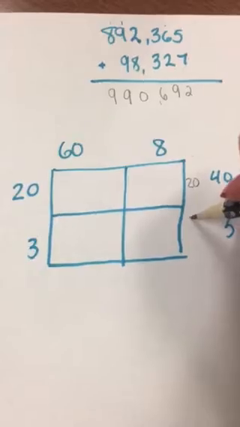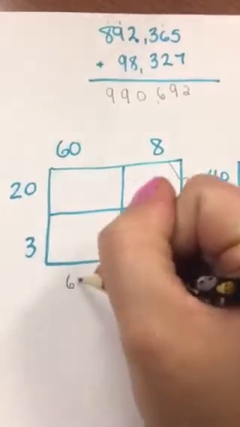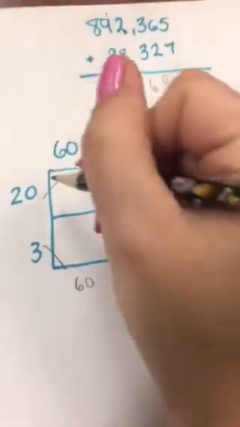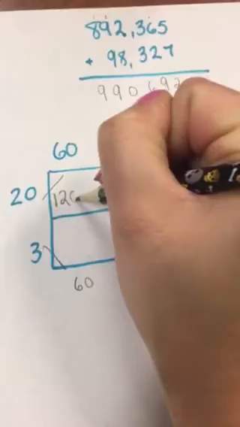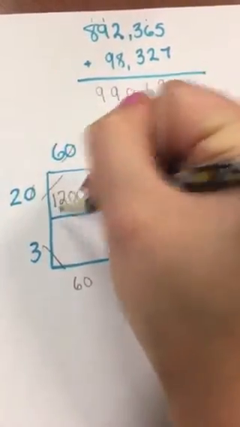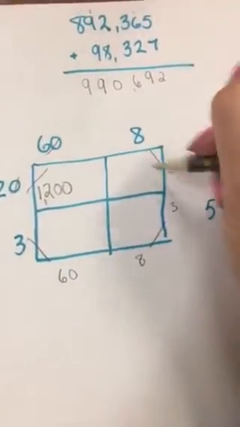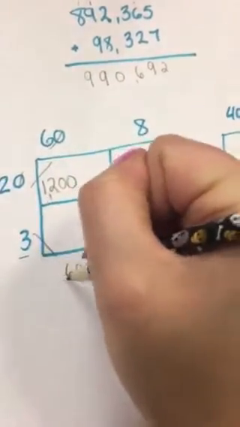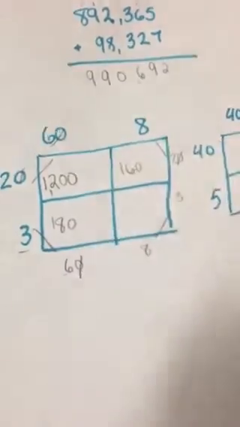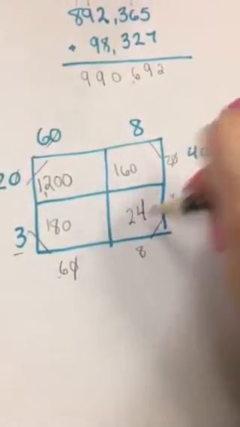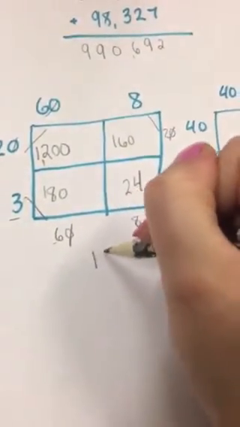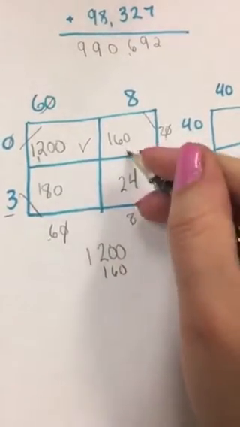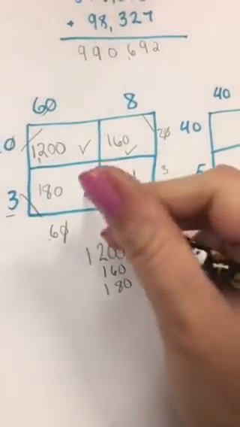B, I'm drawing my lines to connect and let me know what I'm multiplying. 6 times 2 is 12, plus 2 zeros is 1,200. 8 times 2 is 16, plus 1 zero is 160. 3 times 6 is 18, plus 1 zero is 180. And 8 times 3 is 24. I'm going to add 1,200, check. 160, check. 180, check.